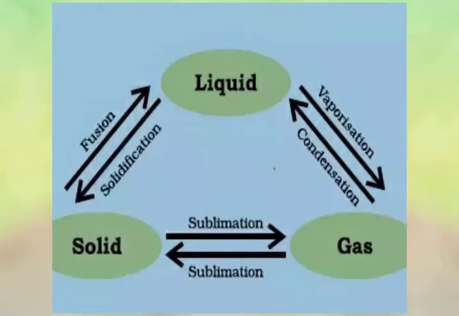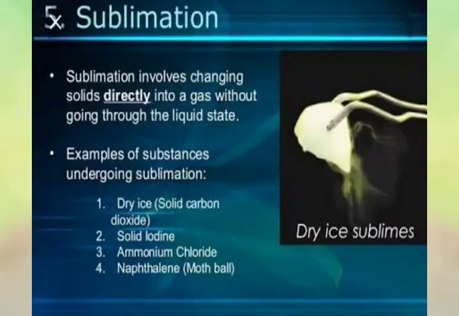The fifth process to separate the solid-solid type of mixture is sublimation. The process in which a solid changes directly into its vapors on heating is called sublimation. This method is used for solid mixtures in which one of the components can sublime on heating.